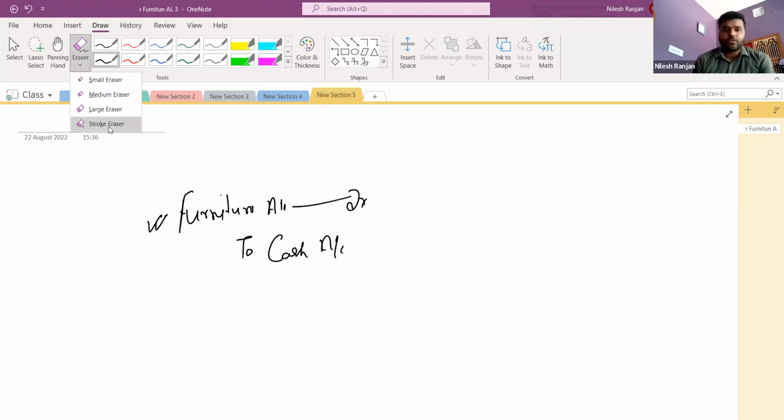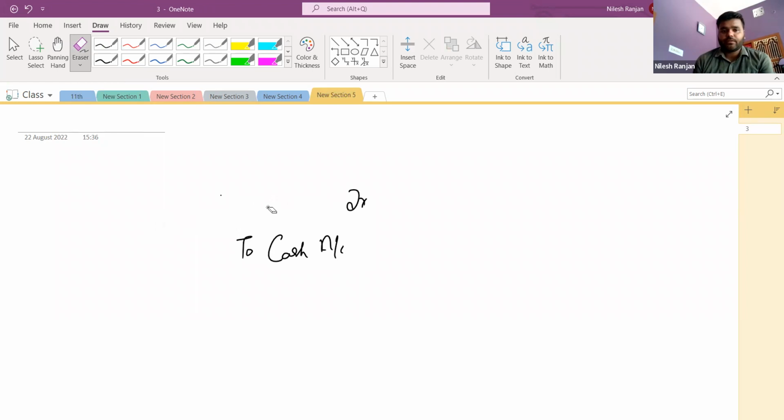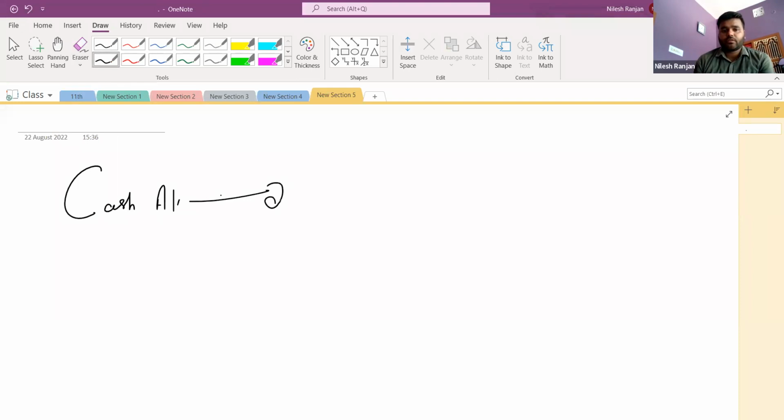So for journal entry of starting business with cash, the entry is: cash account debit to capital account. This is the journal entry for starting business with cash.